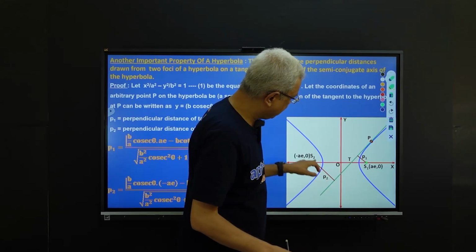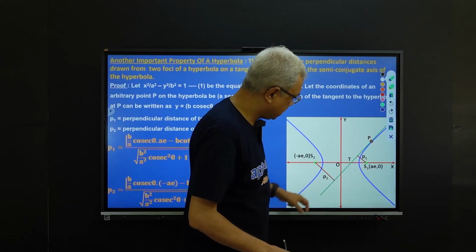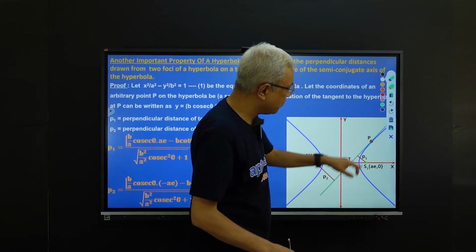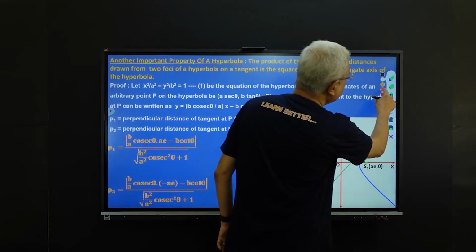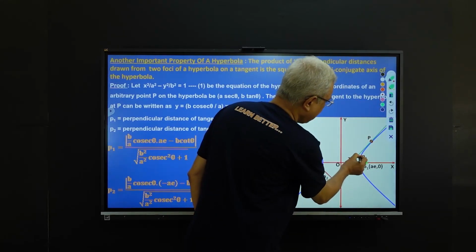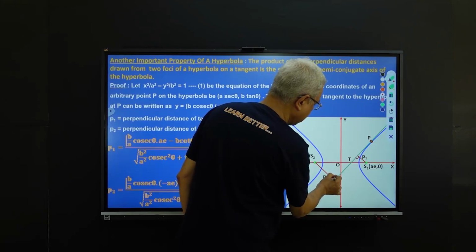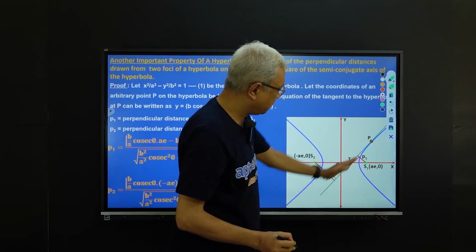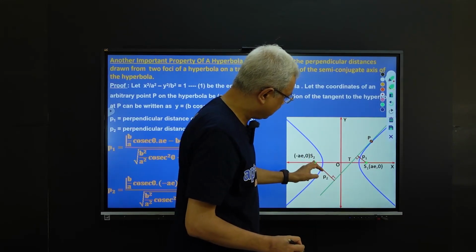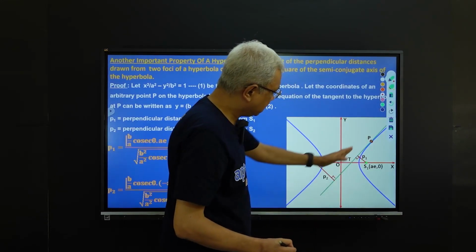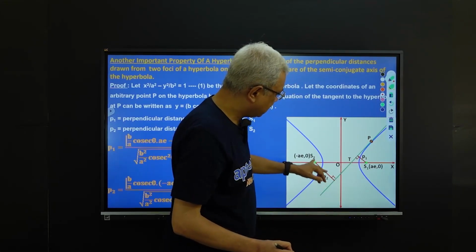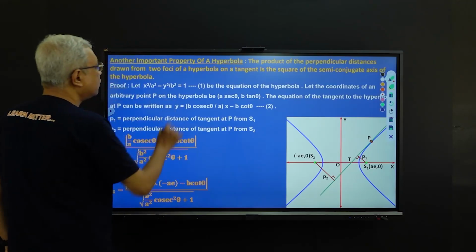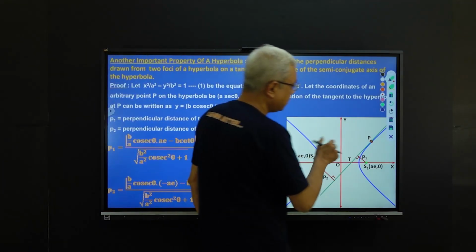If I draw perpendiculars from the foci on this tangent, and call these perpendicular distances P2 and P1, drawn on the tangent at an arbitrary point P, then the product P2 into P1 is equal to B square. That is also a very important property which will be very useful.